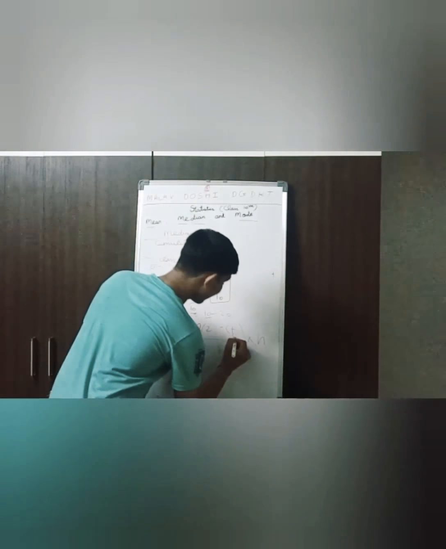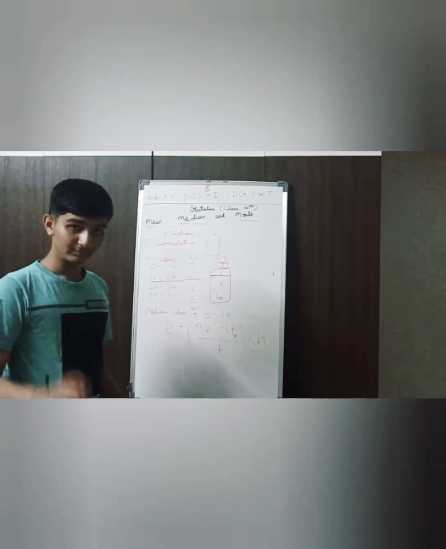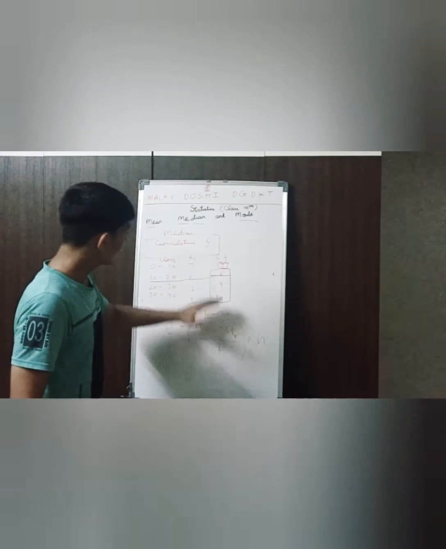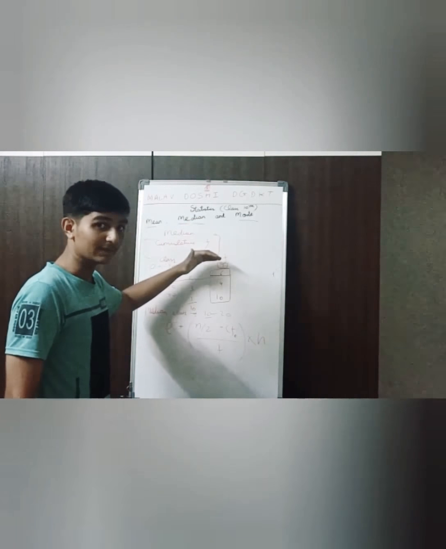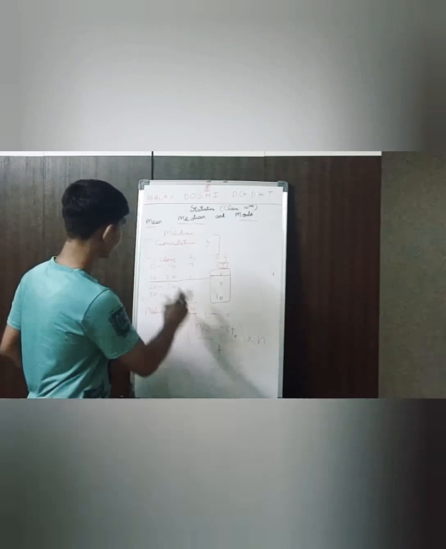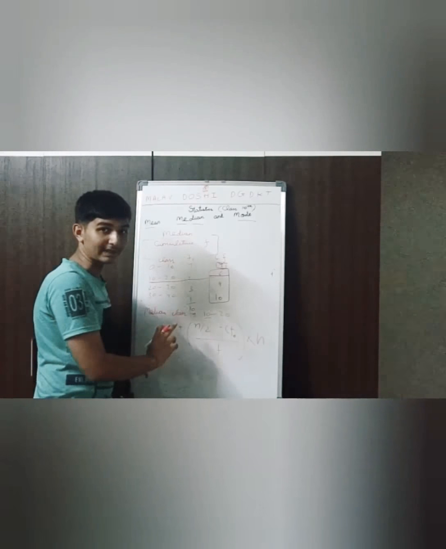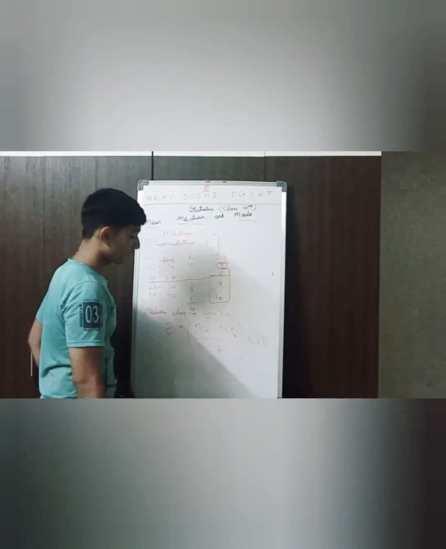For understanding, I am writing f naught. Don't write it in an exam, it is just for understanding that f naught means the class preceding it, the class before it. Here the median class is 10 to 20, the class before it is 0 to 10, so here you will write Cf naught.